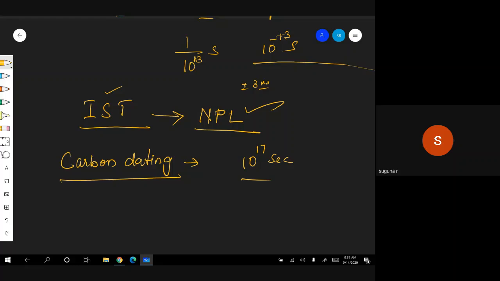How do we find out? This sample we have got is from this period, its age is this. They find it only by using carbon dating. So this is used for finding very long intervals.